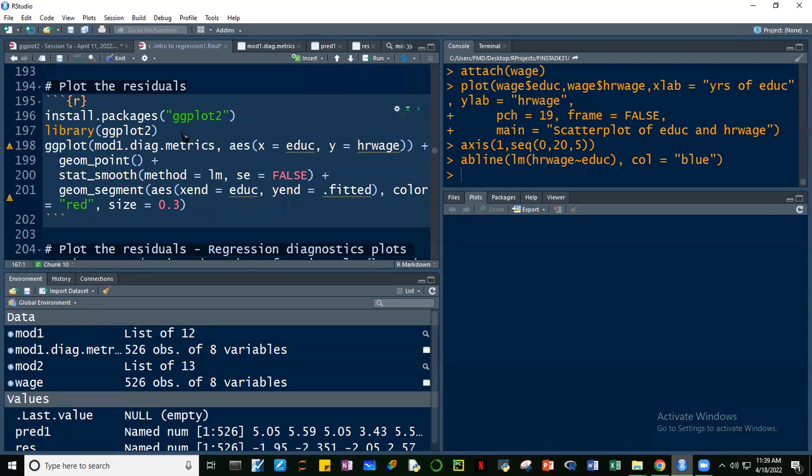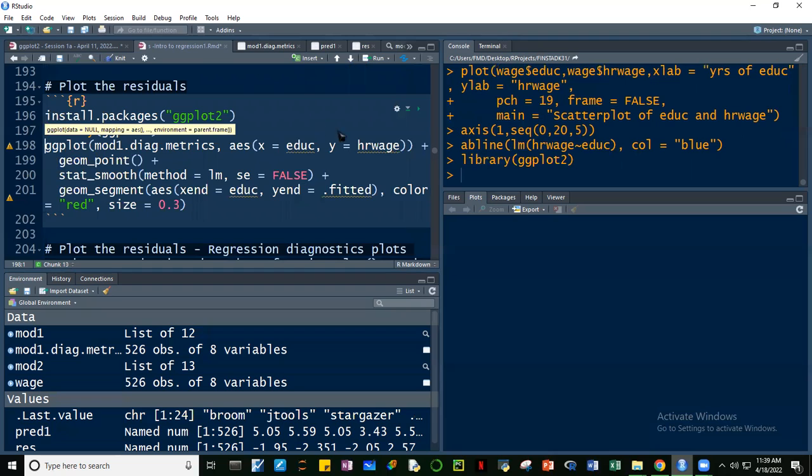So let's use another way to plot the residuals. Let's use ggplot2, and we're going to use the object, our model 1 diagnostics. So this is our data. In ggplot2, guys, it's data plus the mapping, the aesthetics, what's on the x-axis and what's on the y-axis, plus whatever geometric object you're going to use.